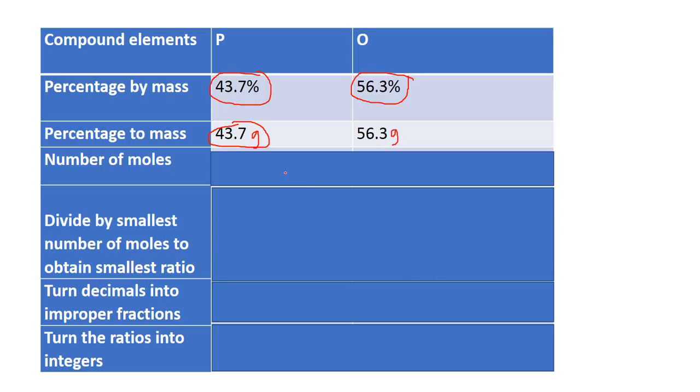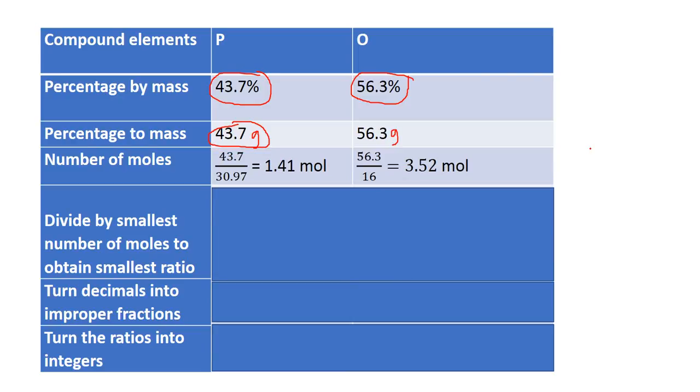So when we divide by that, this is what we get. So the mass of phosphorus here divided by the molar mass of phosphorus gives us 1.41 mole of phosphorus in this compound.